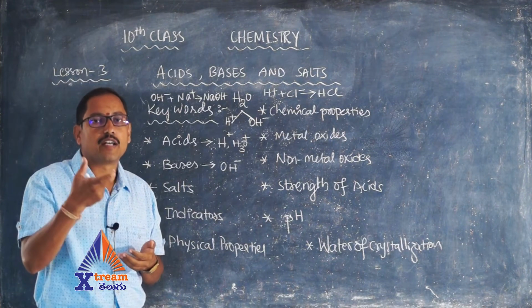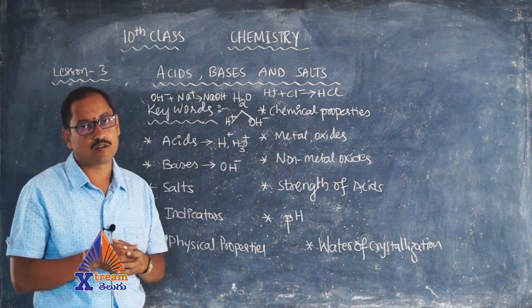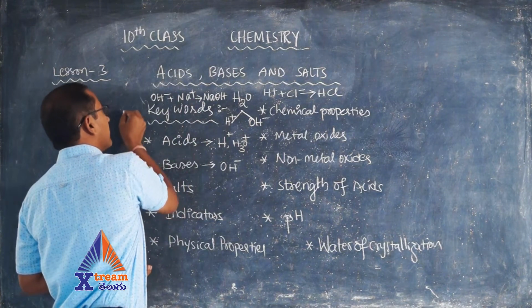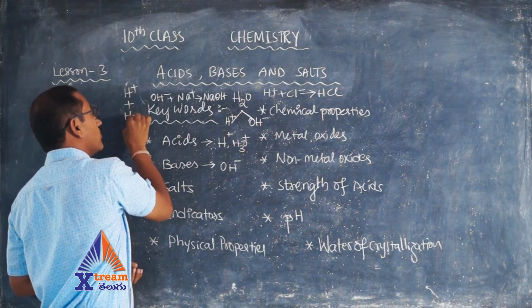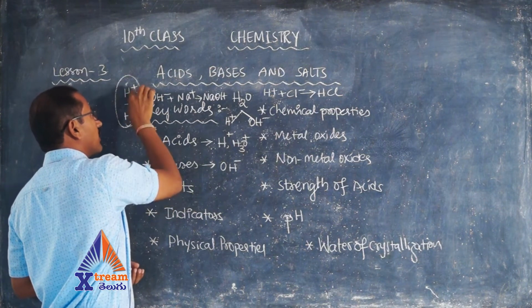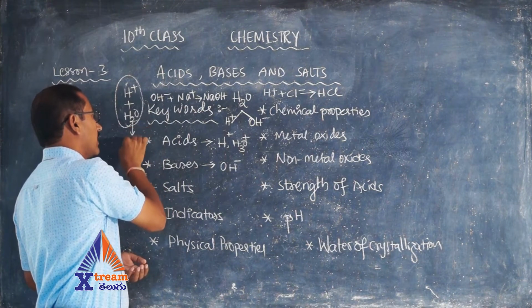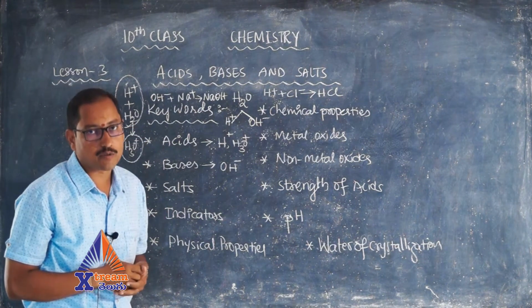And a non-metal ion and H+ ion or H3O+ ion. What is H3O+ ion? This is H+ plus H2O, that is, H+ ions which are present in water will give you H3O+ ions, hydronium ions we call it.